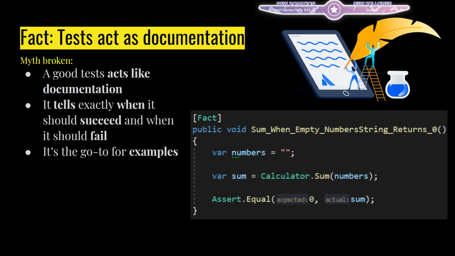But that doesn't matter. Regardless of the fact that tests are imperfect, they still act as documentation. It's not just a way of double checking, it's a way of understanding how a system works. So imagine you have a string calculator, which calculates the sum of numbers given in a comma separated string.